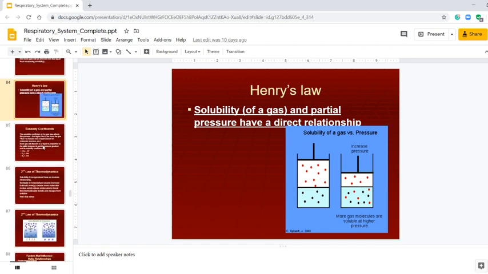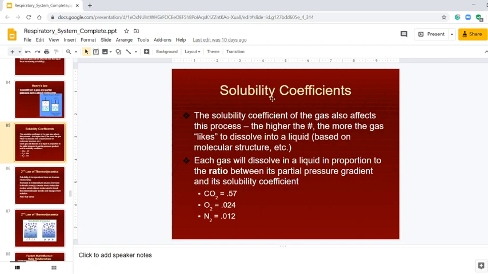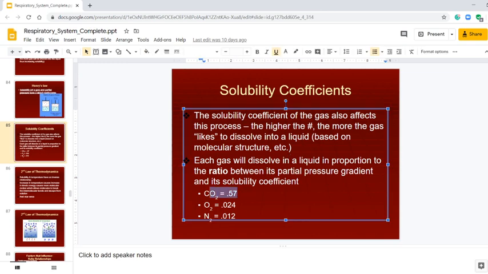So when we talk about solubility coefficients, this coefficient of the gas affects this process. Some things are more soluble than others. The higher the number, the more the gas likes to dissolve into a liquid. It's based on the structure. When we look at these numbers, carbon dioxide is the most soluble.